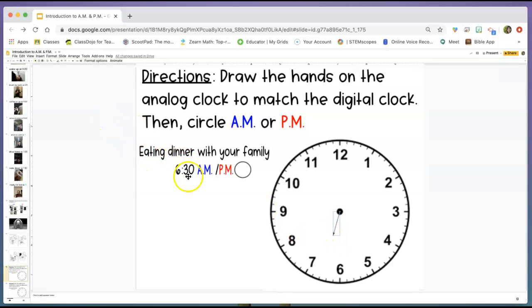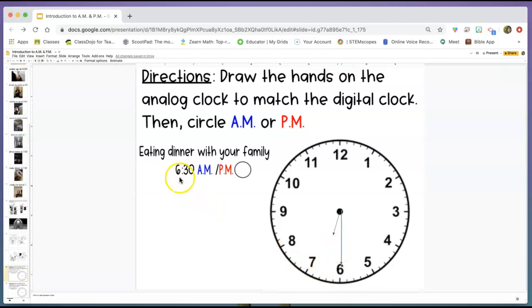Now I need to look at my minutes. It's 30 minutes. So I need to draw a long hand that points to 30 minutes. Now remember, I start at 12 and skip count by fives. 0, 5, 10, 15, 20, 25, 30. And I need to make a long hand pointing at the 6.